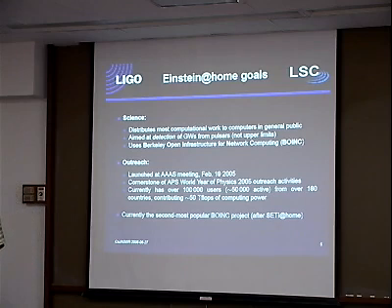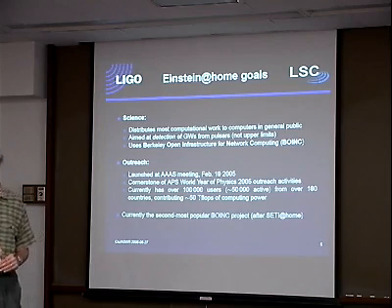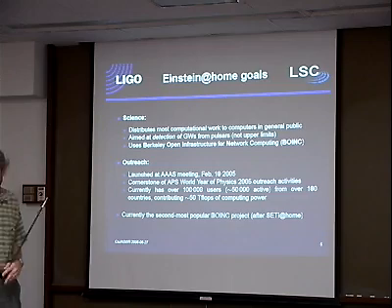Rosetta at Home is another protein project. Again, I haven't looked into it, but modeling proteins, searching for pharmaceutical cures. Perhaps much more useful stuff than Einstein at Home, but perhaps doesn't catch the public imagination to the same degree.